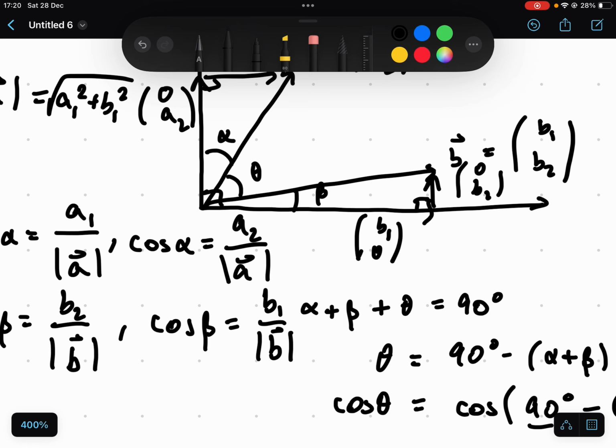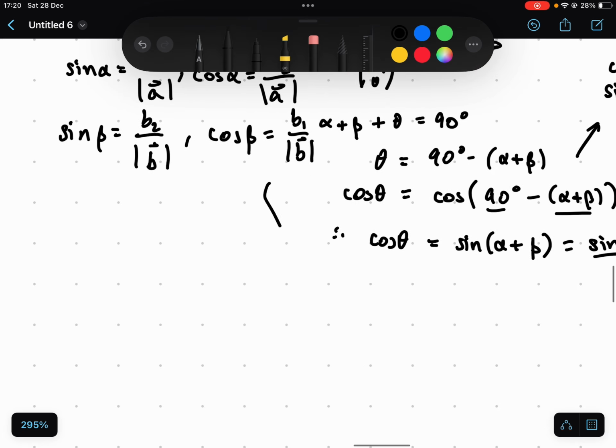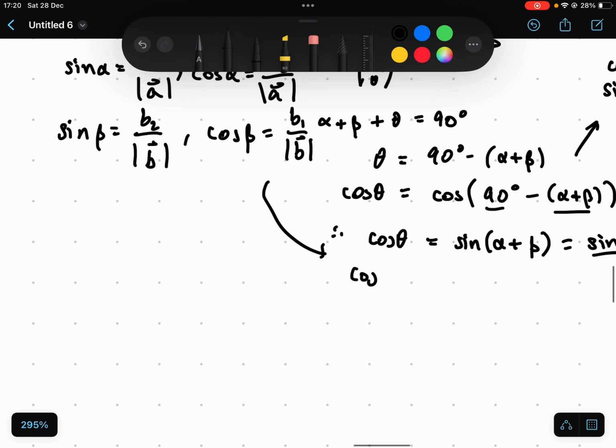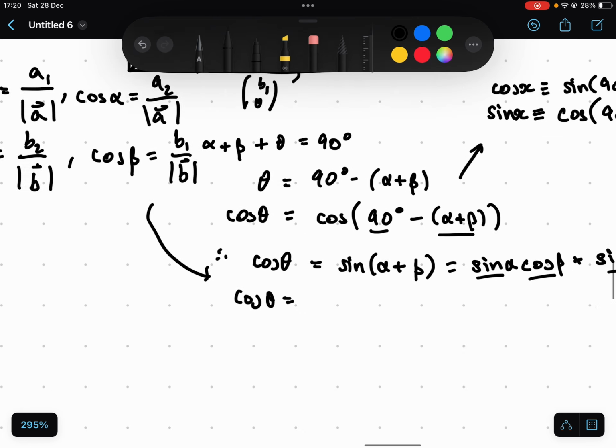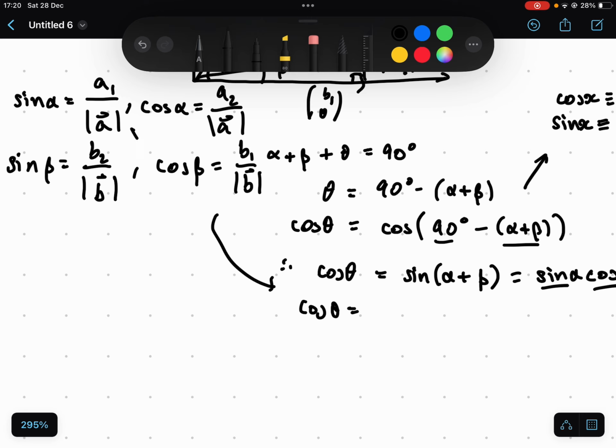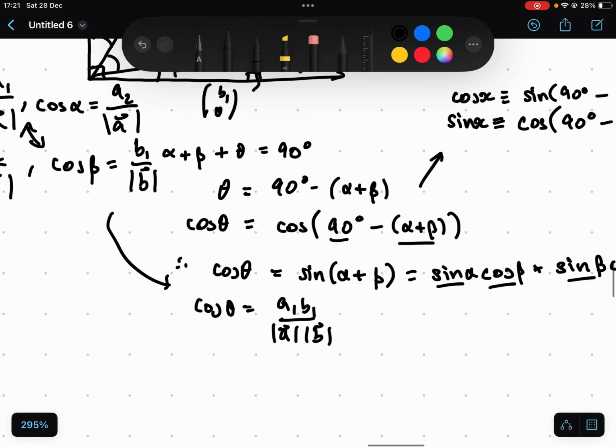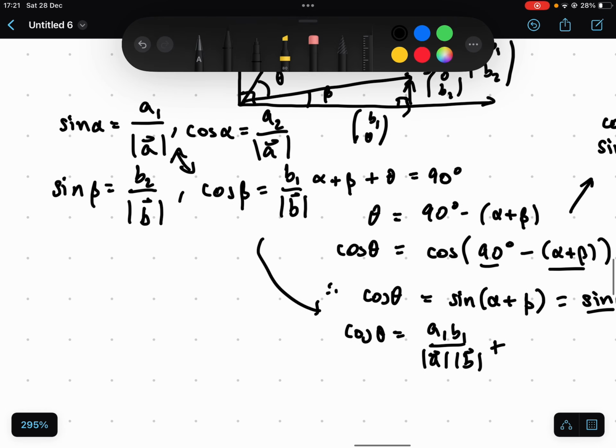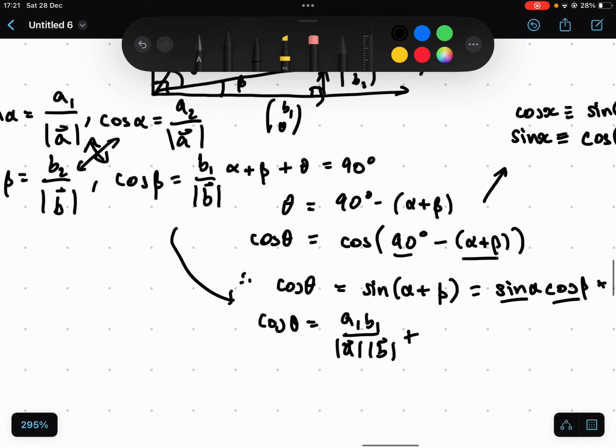Great, so we've got everything done. Now we literally just plug it into the equation. Cosine of theta is going to be equal to sine alpha times cosine of beta, so we can do this cross multiplication here. We get A1 B1 over the two moduli multiplied together, and then we add the other multiplication, another little cross multiplication here, A2 B2 over these two moduli.